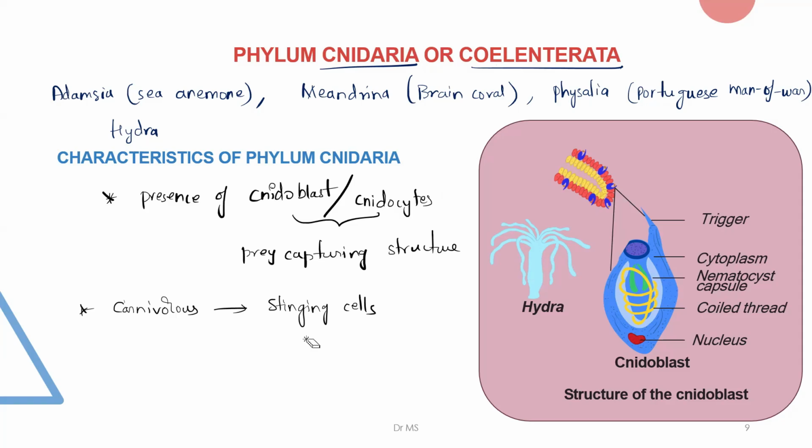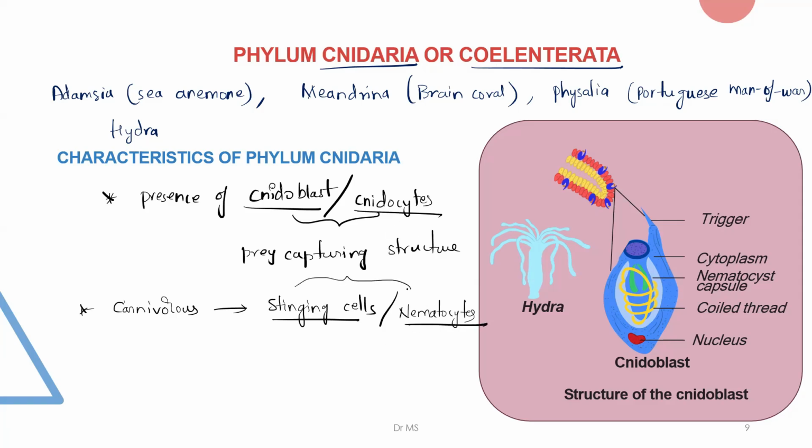They have been given different names: stinging cells, nematocytes, cnidoblasts, cnidocytes. All are the same. So the words cnidoblast or cnidocyte or stinging cells or nematocytes all mean the same.